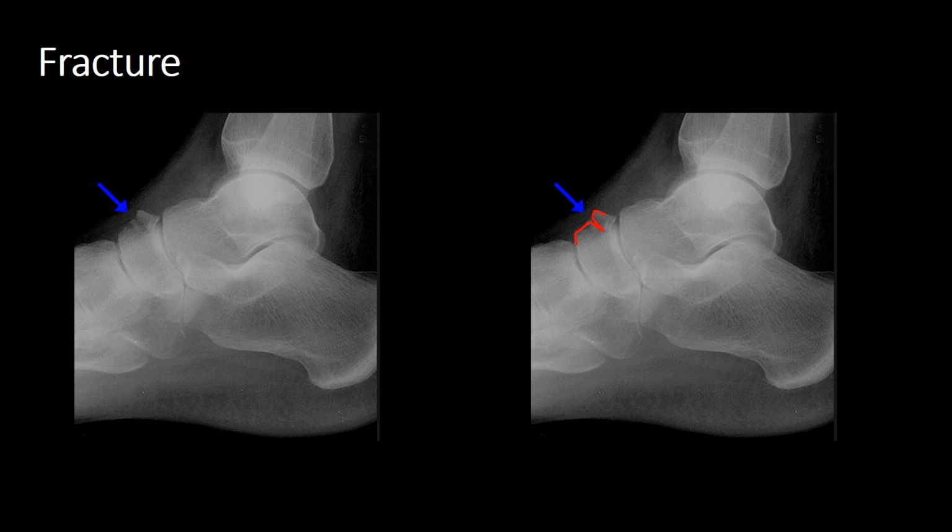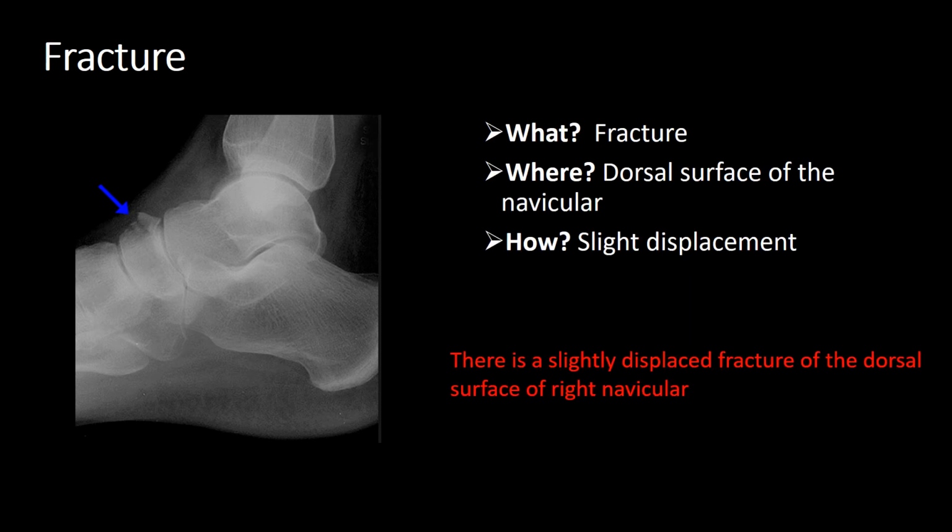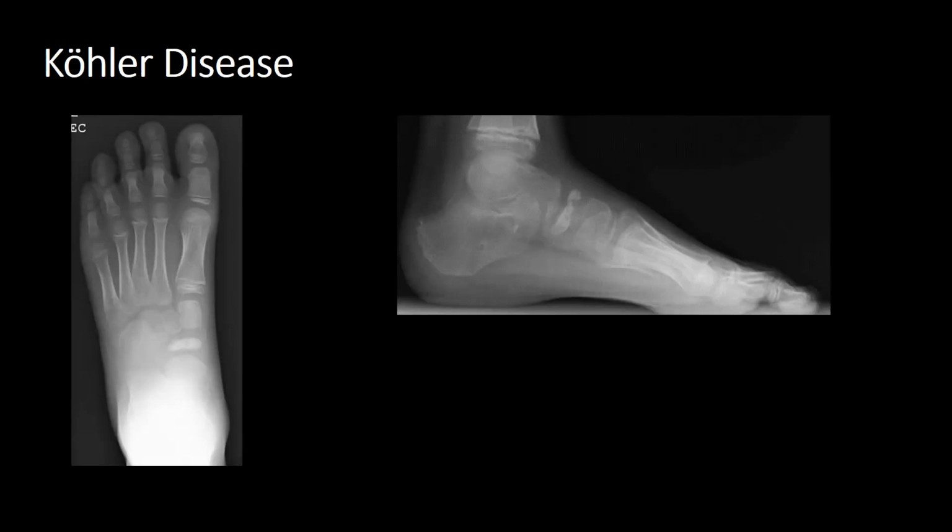And we can see that it is slightly displaced. So here is the dorsal surface, and we can see it's been retracted superiorly. So what is it? It's a fracture of the dorsal surface of the navicular with slight displacement.